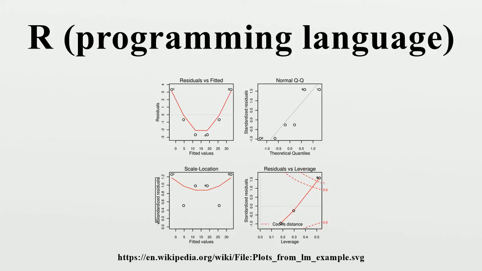Intercept -9.3333, 2.8441, -3.282, 0.030453 *. x 7.0000, 0.7303, 9.585, 0.000662 ***. Signif. codes: 0 '***', 0.001 '**', 0.01 '*'.